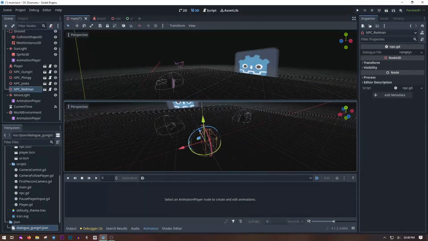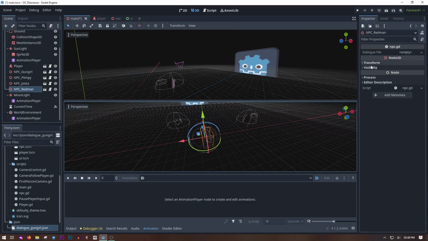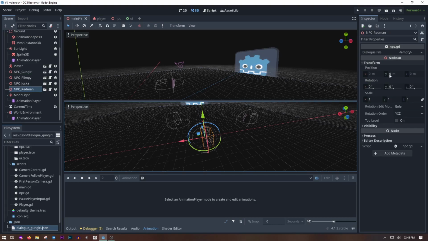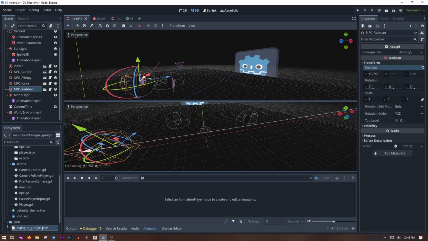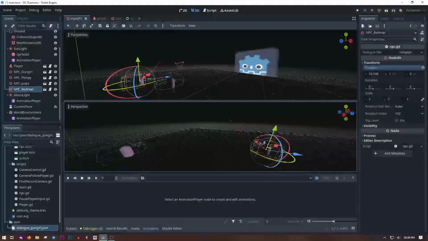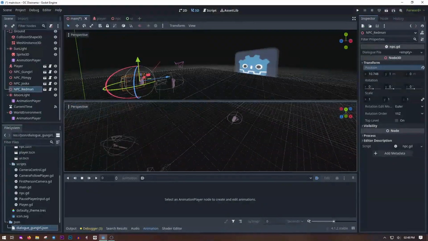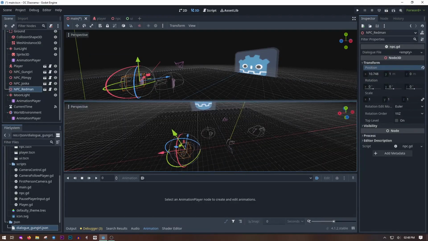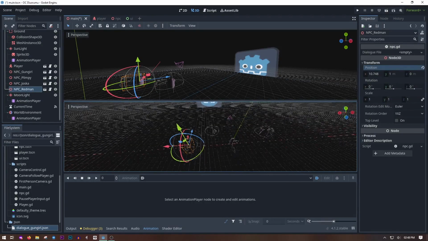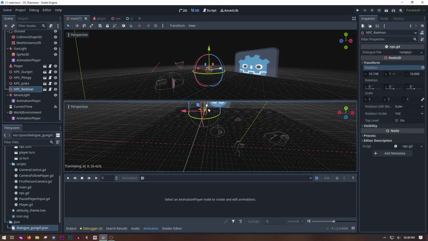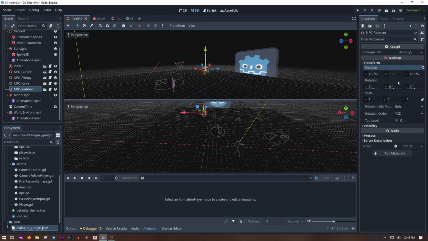Just look over here, we got to transform him, position Y 1 meter, because everything is there. So we put Redman over there. I think that's okay?